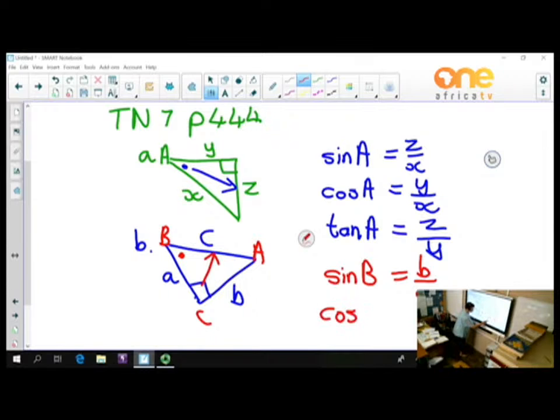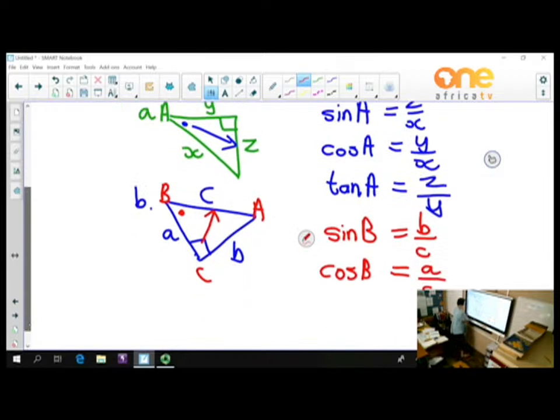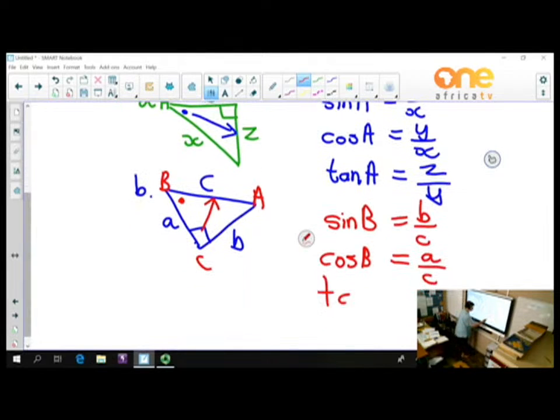Cosine B. Cosine is the included angle. So it will be this one, a over c. C is your hypotenuse. And then the last one, tan B is equal to, and now we don't have the hypotenuse, it's only the other two sides which are involved. This one is opposite, so it is b over a.